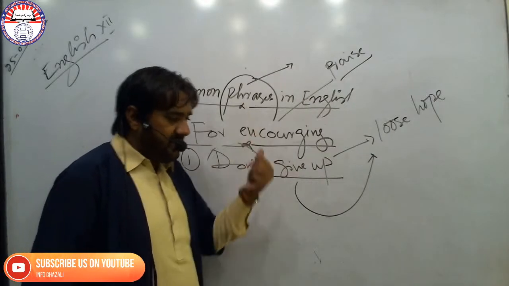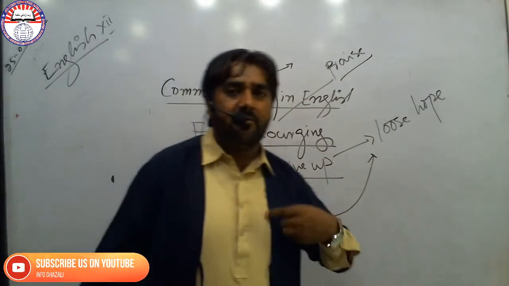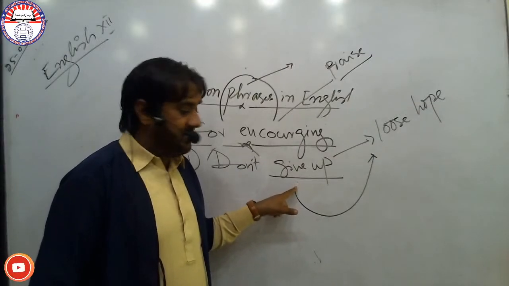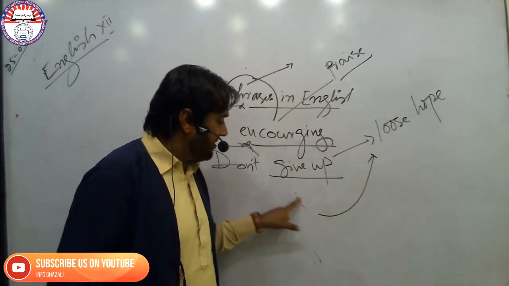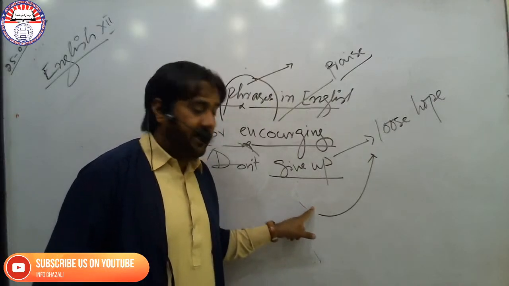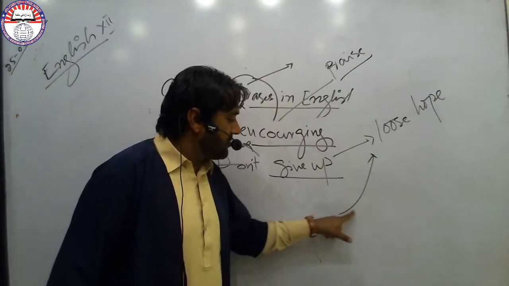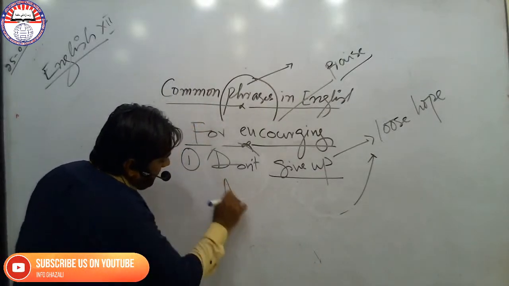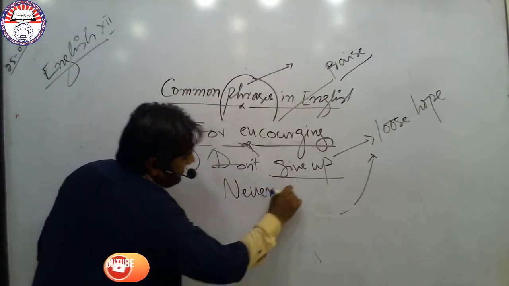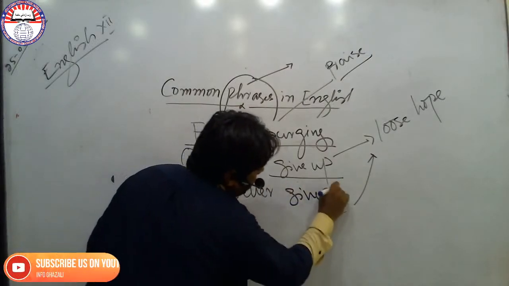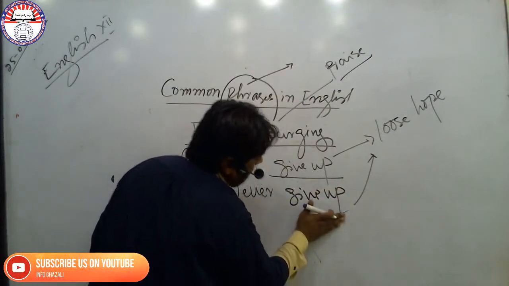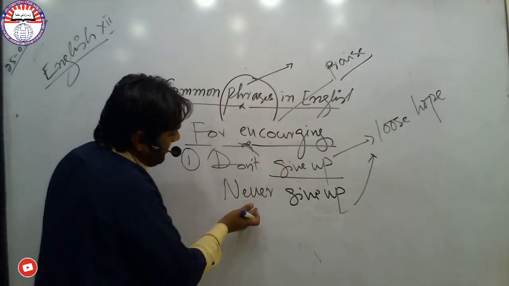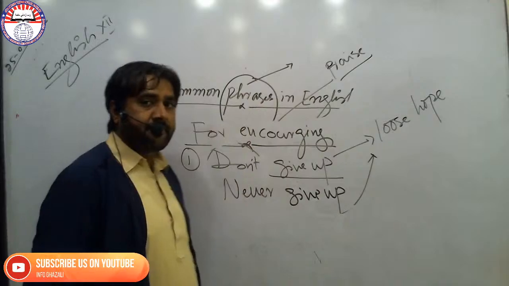There is a famous example of this phrase. You might have heard that there is a professional wrestler, John Cena, and he always used to say never give up. You would also say never give up. So instead of saying don't give up, you have a choice. You would say never give up.